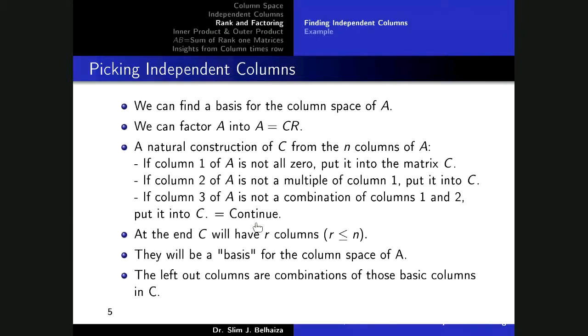In that case, the number of columns in C would be equal to R. R here is the rank of a matrix. Okay? And they will form what you call a basis. Can you remind us, does anyone remember what a basis of a vector space or a column space is? Do you remember this from linear algebra? What is a basis?